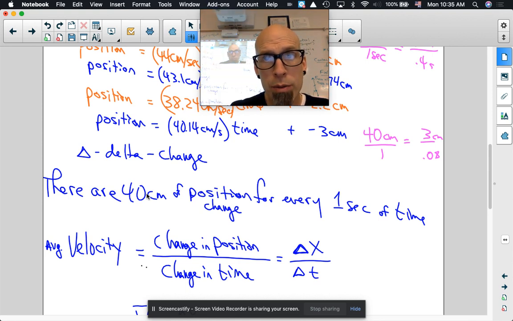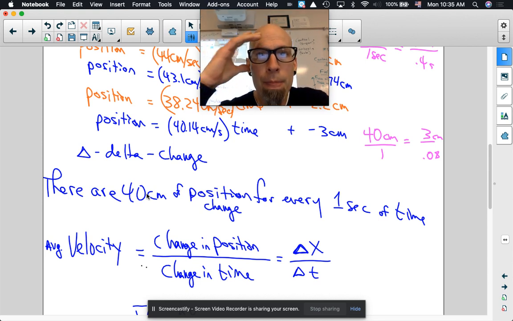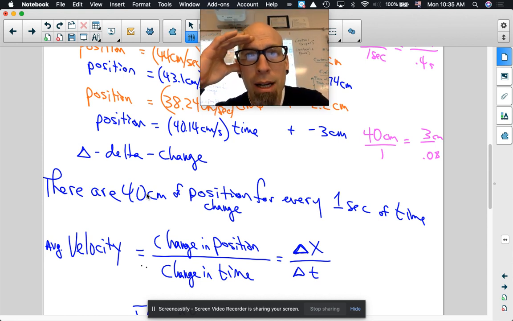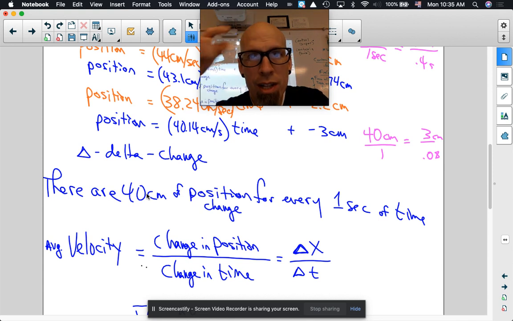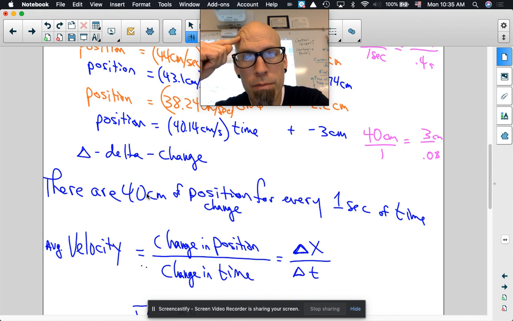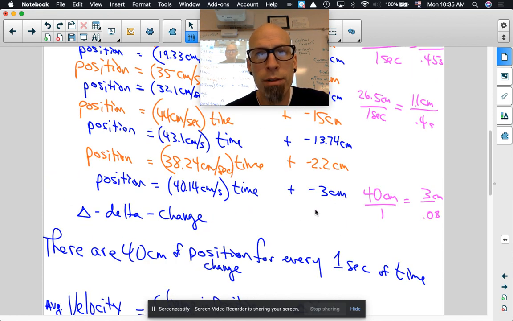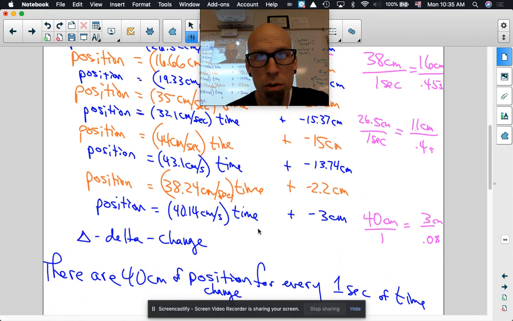After 3 seconds, where would this buggy be? Another 40. So now we're at 120 centimeters, and so on and so forth. That's telling us how fast the buggy is. It's telling us how much the position changes for every second. That's how fast. So it's a 40 to 1-ish ratio, right?